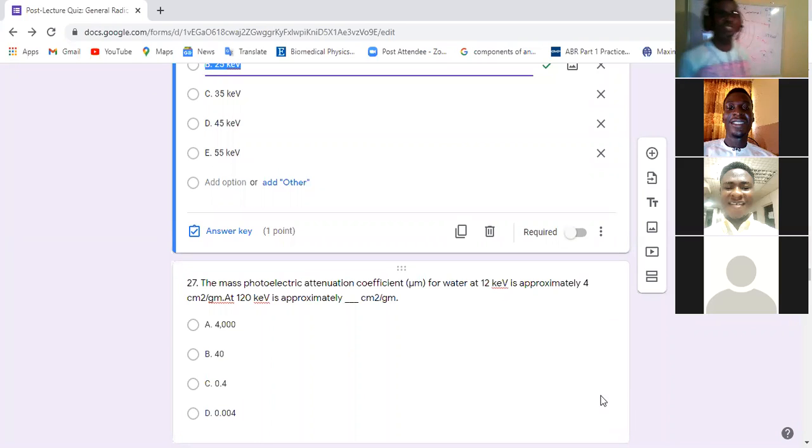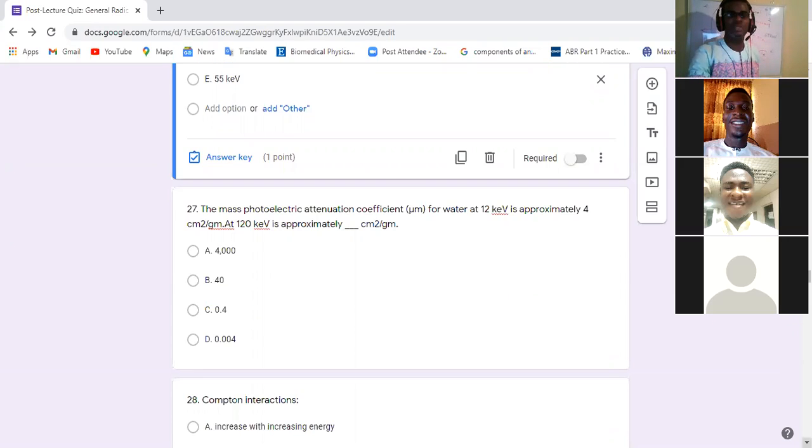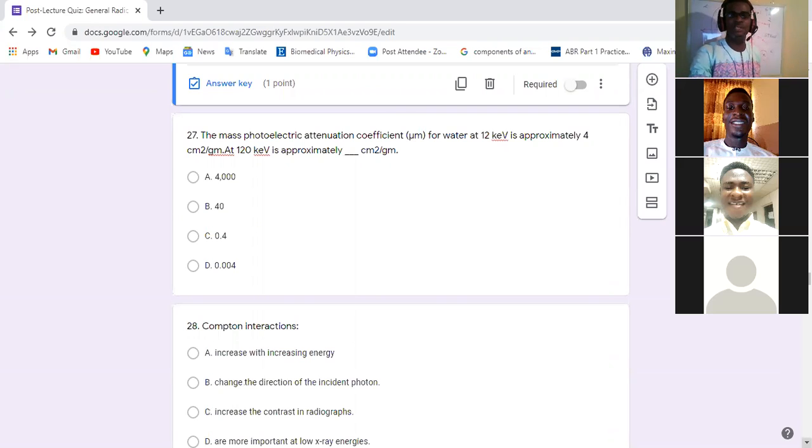Immediately you cross the 25 to 30 keV mark, Compton now begins to predominate, and the photoelectric effect will begin to reduce. At around 25 they are basically a 50% contribution each.